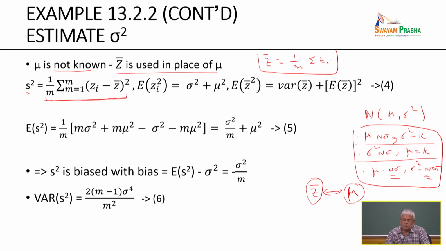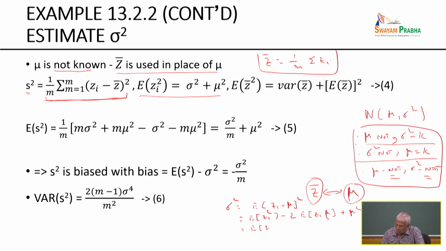Now, expected value of Zi square is equal to sigma square plus mu square. Why is that? Real sigma square is equal to expected value of Zi minus mu whole square. Zi minus mu whole square is equal to E of Zi square minus 2 E of Zi mu plus mu square. But mu is constant.